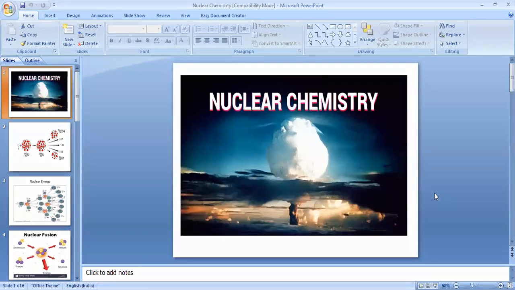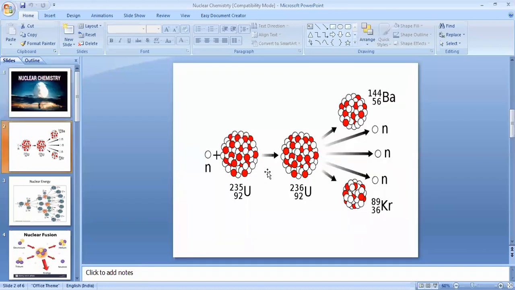Here, this is nuclear chemistry. It is shown that a huge amount of energy is released. Just now we have seen this reaction, known as the nuclear fission reaction. The uranium-235-92 nucleus first captures 1 unit mass of neutron, which converts into uranium-236, which goes on to fission products, barium and krypton.